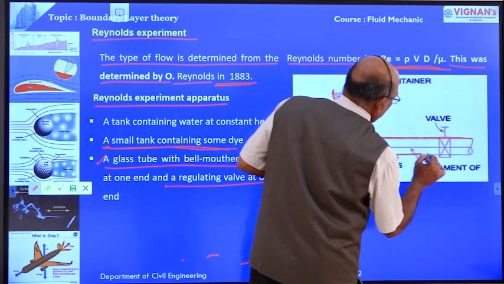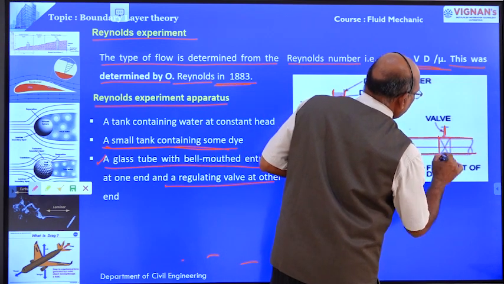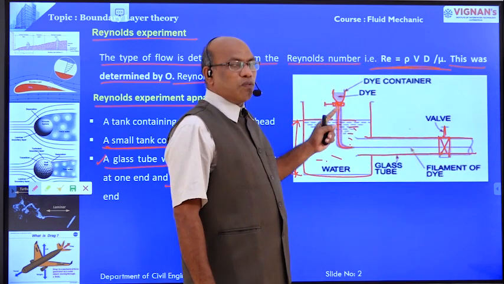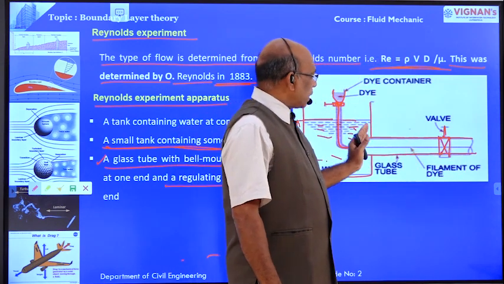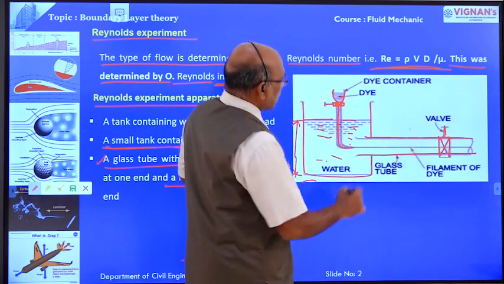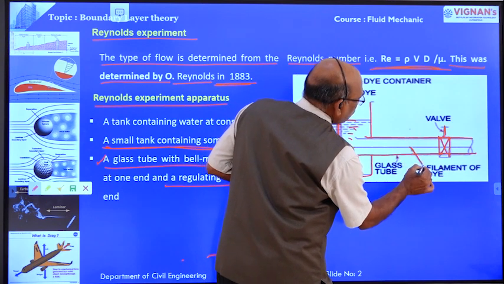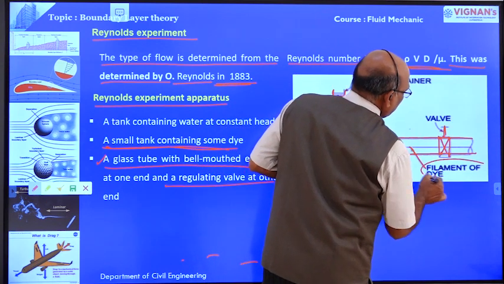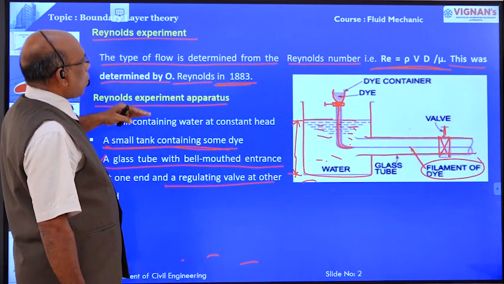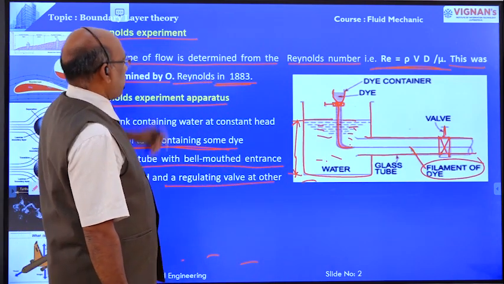This is the glass tube, and this is one more valve, which is used to regulate the velocity of flow from the tank. This is the filament of dye. These are the component parts of the Reynolds experiment.